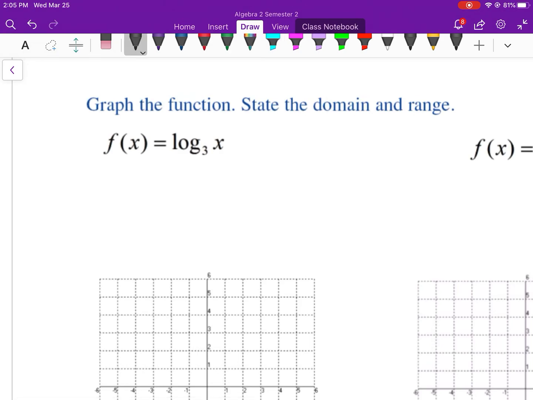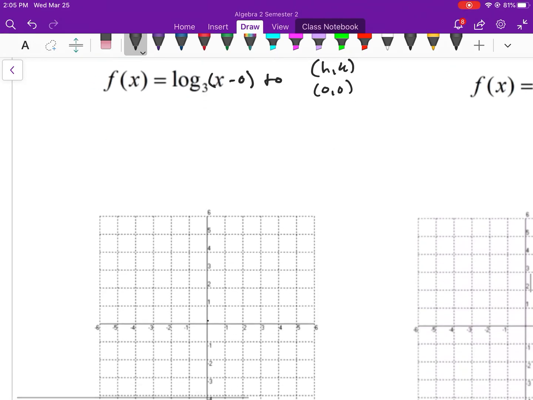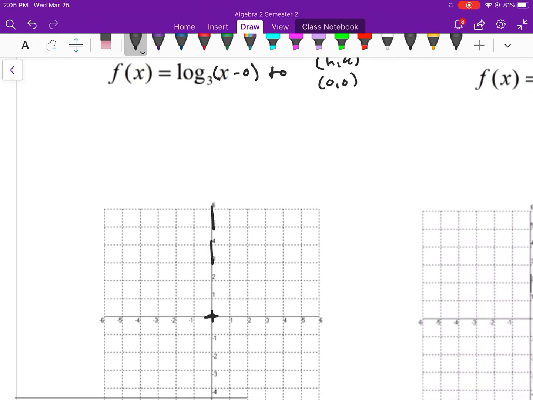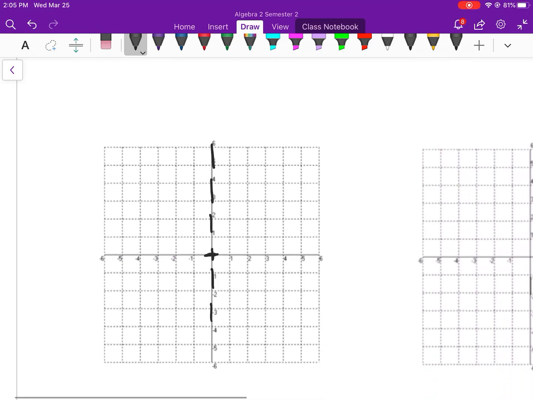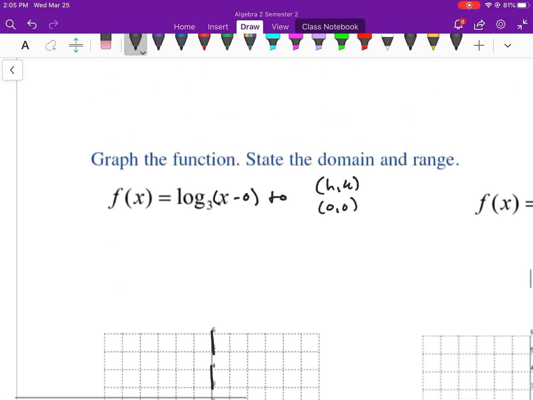Looking at the first one, I see I could rewrite this as x minus 0 plus 0. h will always be in parentheses with x. So our h, k in this case is 0, 0. There's our origin. And then if you think, our exponential graphs had a horizontal asymptote, and since we are doing the inverse of that now, we are going to have vertical asymptotes.